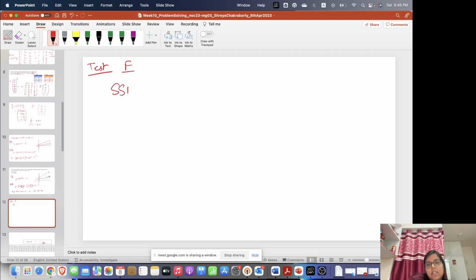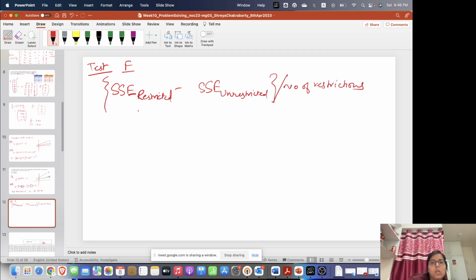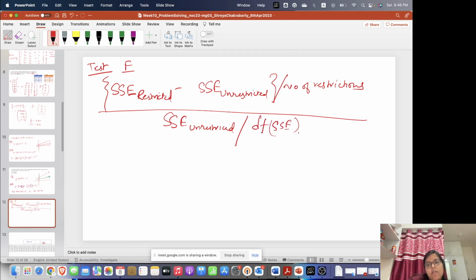So the test statistic will be the sum of squares due to errors from the restricted model minus the sum of squares due to errors from the unrestricted model, divided by the number of restrictions, by the sum of squares error from the unrestricted model divided by the df of SSE from the unrestricted model. I hope you remember this.